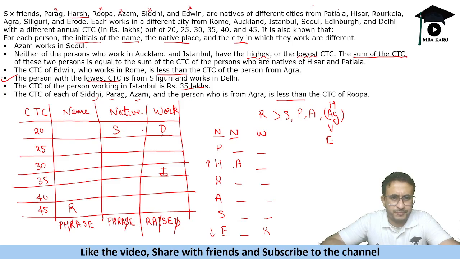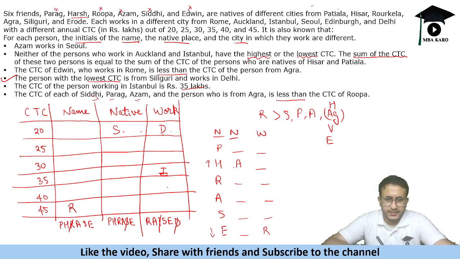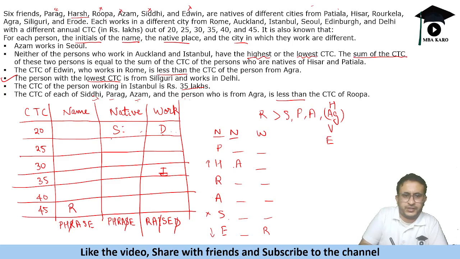So we have to think of a person whose native and workplace can be S and D. Right. So this cannot be the person because native or S will match. Right. So it can be A. That can be Azam or C. We have to put a person here, right?